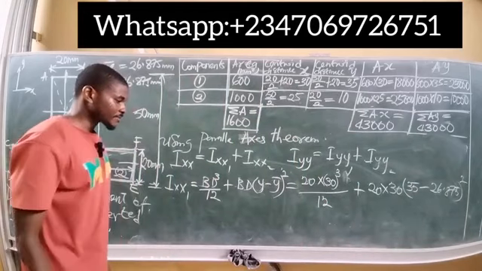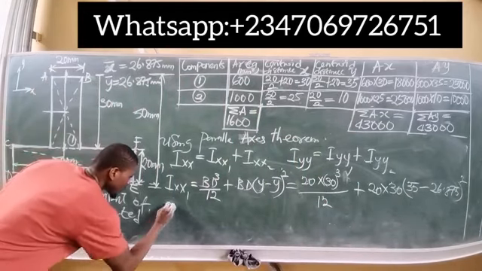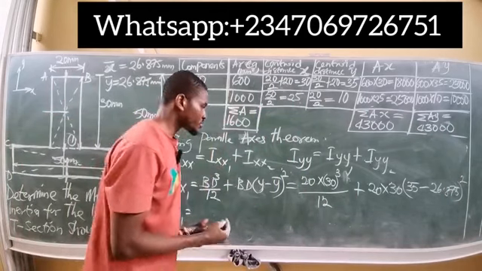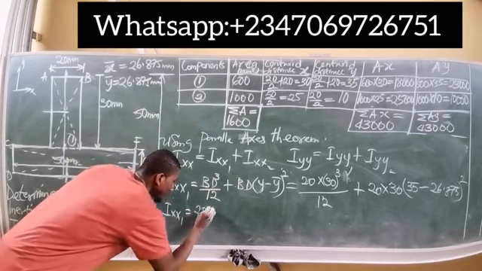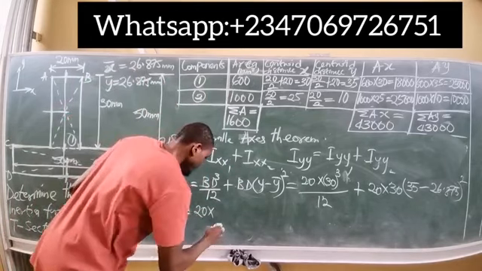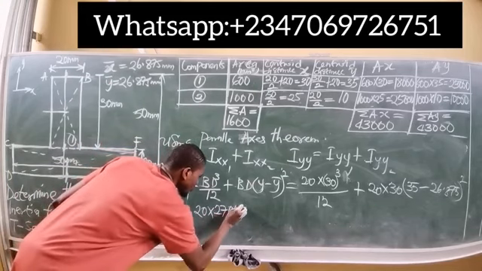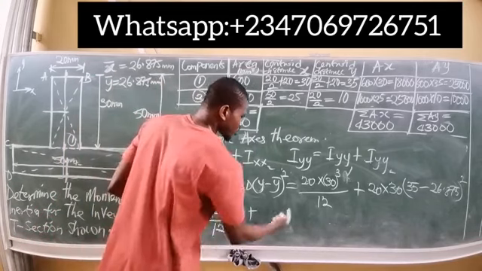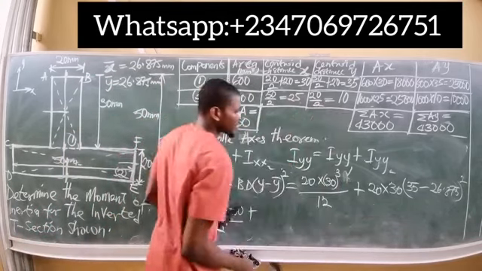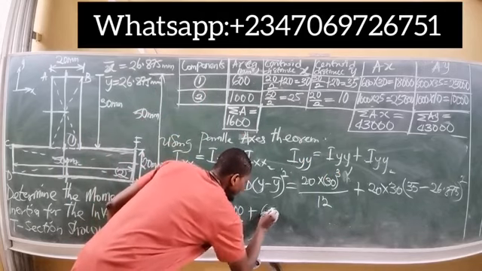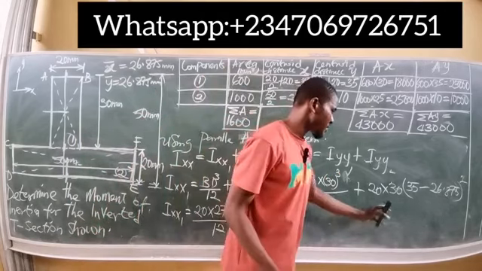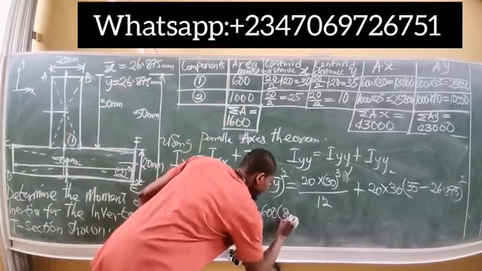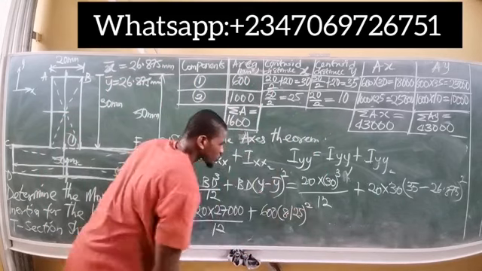So Ixx1 is now equal to, let's evaluate this now. 20 by 30 cubed is 27,000 all over 12, plus 20 by 30, which is 600, times 35 minus 26.875, that's 8.125, all squared.